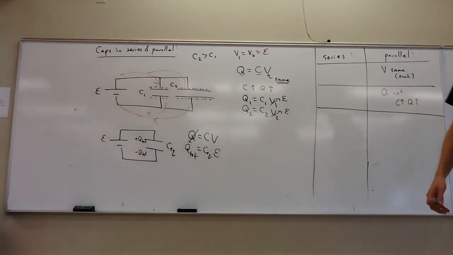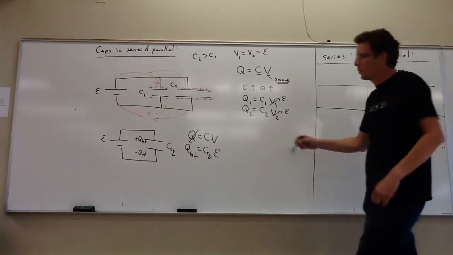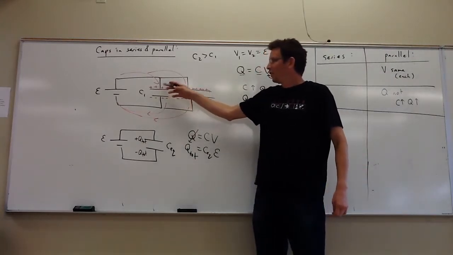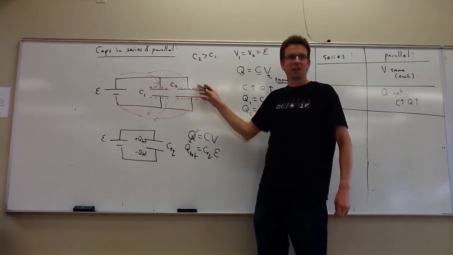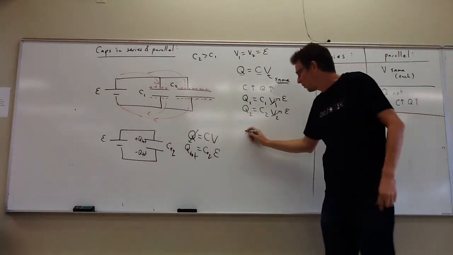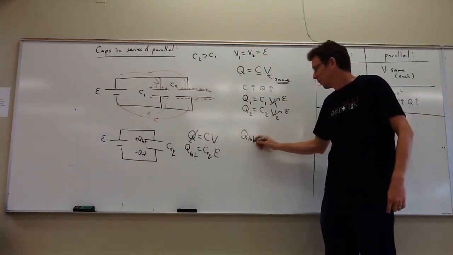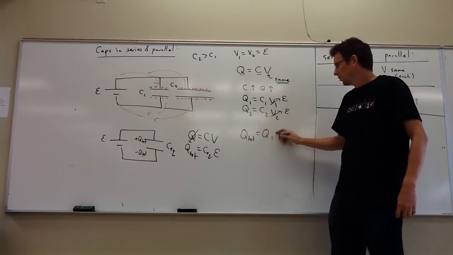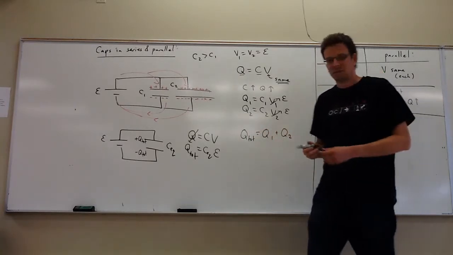So, now, how much charge have we really separated? Well, let me point out that if I have Q1 over here and Q2 over here, I've actually separated just the sum, right? So the amount of charge I've been able to separate on each plate is just Q1 and Q2 added together.